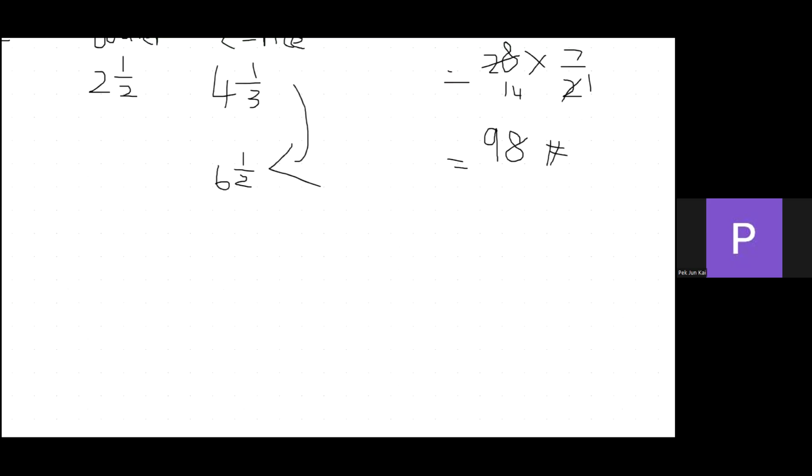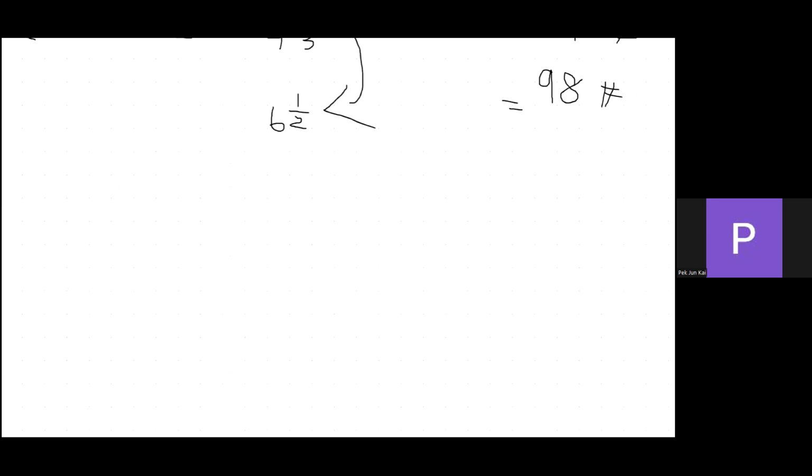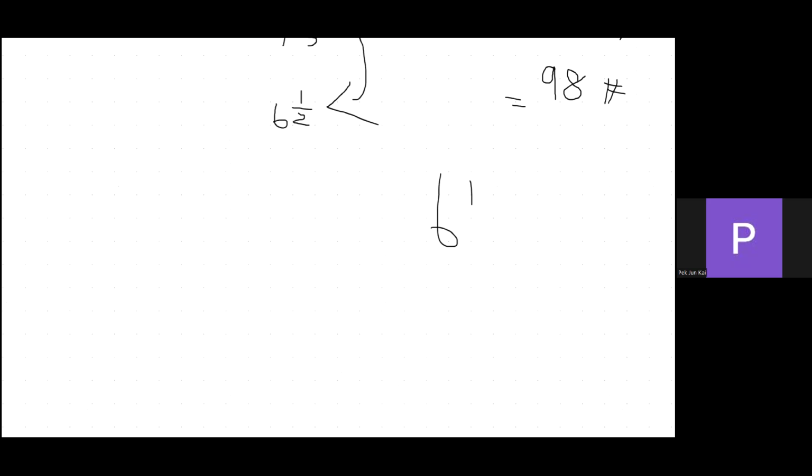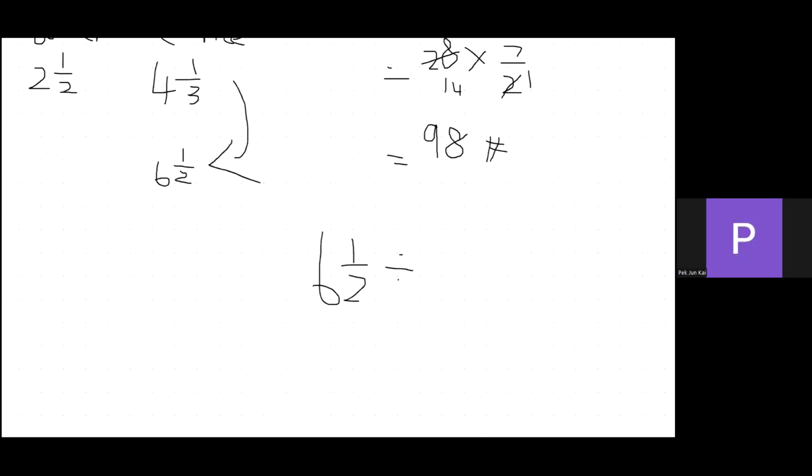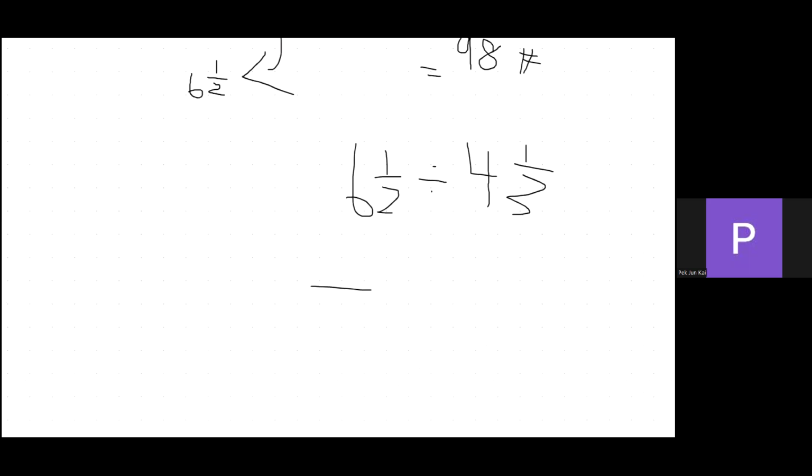In order to find a relationship, we can divide it. So 6 and 1/2 divide 4 1/3. We make them into improper fractions first. Become 13/2 divide 13/3.